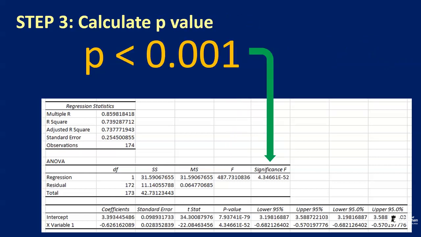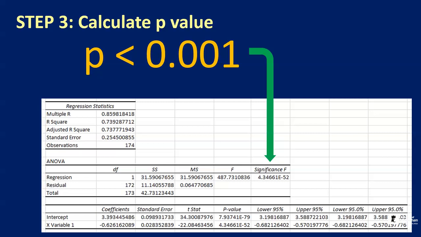And the p-value, well, this is typical of the sort of output you get in Excel. Initially it doesn't make a lot of sense. This is the p-value here. It's labelled Significance, which is a bit annoying, but it means p. And it's written in this very strange form, 4.346 E minus 52, and that actually means 4.346 times 10 raised to the power minus 52.